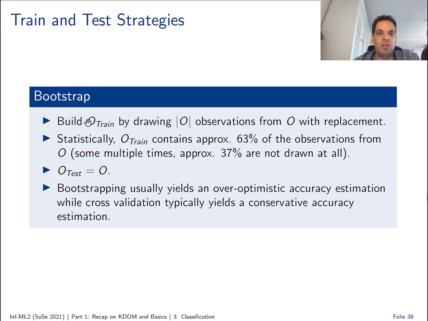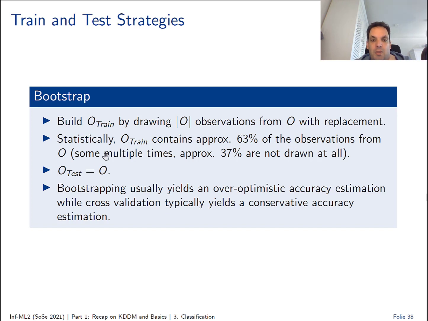Another strategy is the so-called bootstrapping, also for smaller sets. In that case, we build a training set by drawing, if we have m observations, m observations from this set, but with replacement, meaning that there may be some duplicates. Statistically, if everything has an equal probability, we get 63% of all the observations in the training set.